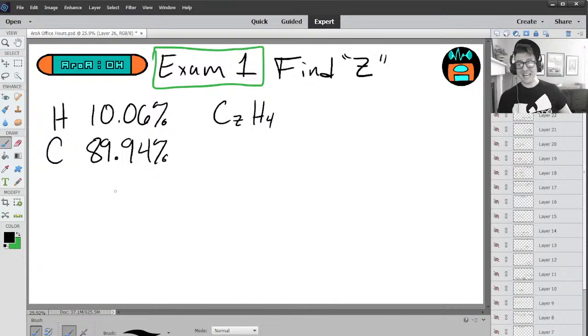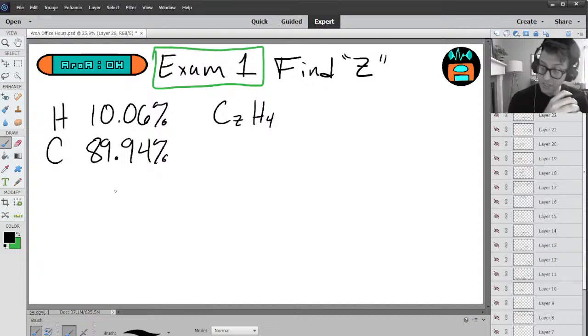So we know this molecule is 89.94% carbon. The mindset you want to get into when solving this problem is one of finding the empirical formula, because that's the type of problem this specific one is based off of.